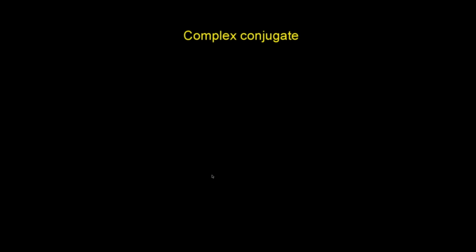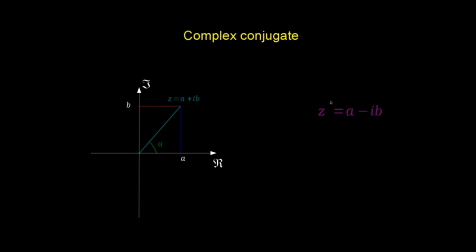Now let's see another property of complex numbers. It is called complex conjugates. To understand this property, I'm going back to the Argand diagram. We have our complex number here, z equal to a plus ib, and we say that the conjugate of a complex number is given by z star equal to a minus ib.